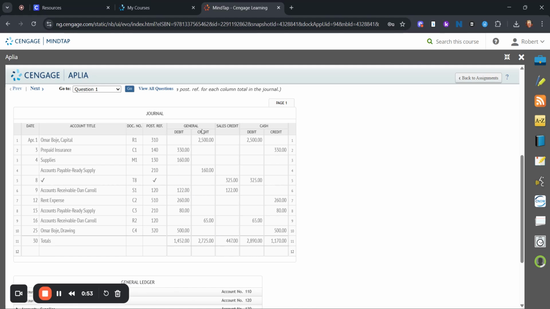So we're going to start with the general columns, and to indicate that those are already posted, we don't need to do anything else with those. We're going to put a check mark at the bottom of each of the columns for the first two, because we already did these in 4-1 and 4-2.